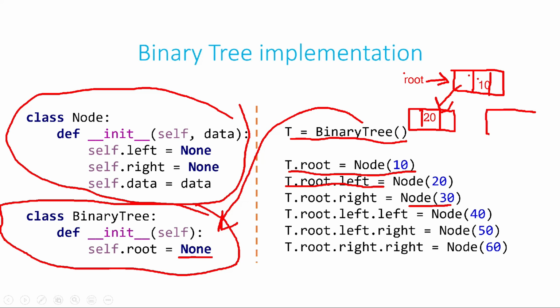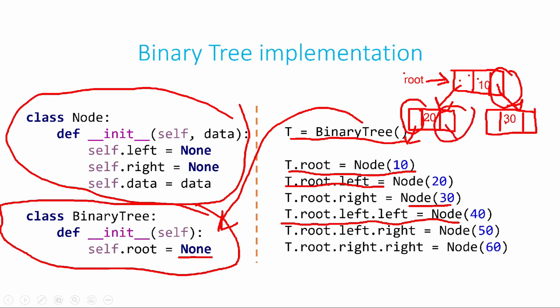So let's create another node, and root.right means this particular place, it is referencing this element. Now t.root.left.left, this particular place, contains the reference to node 40, and t.root.left.right, this particular node, contains the reference to 50.